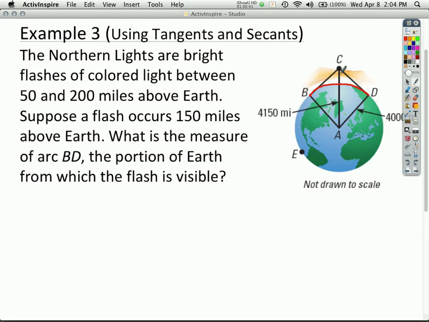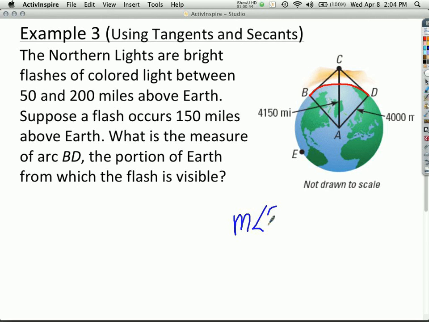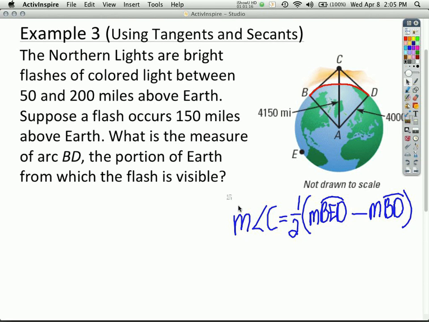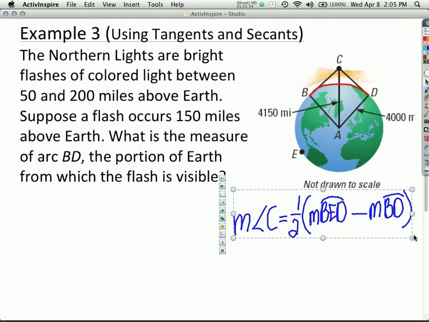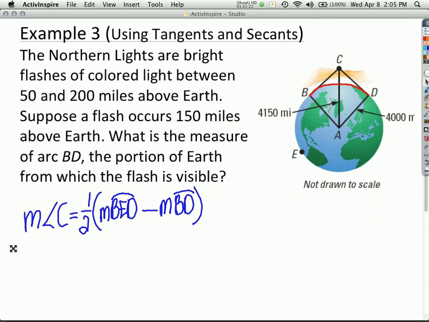The measure of angle C is going to equal half the difference of this larger arc, BED, minus the measure of arc BD, which is the one we're looking for. So we established this equation using this new tool, the angles outside a circle theorem.